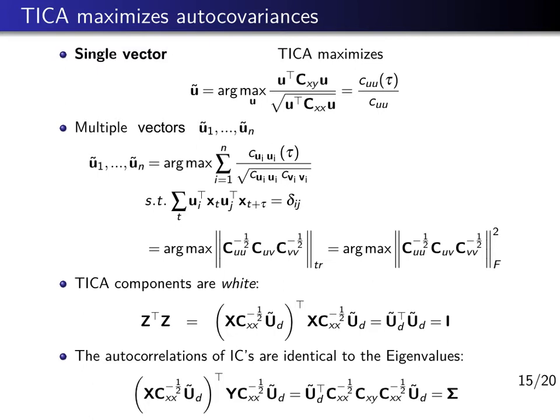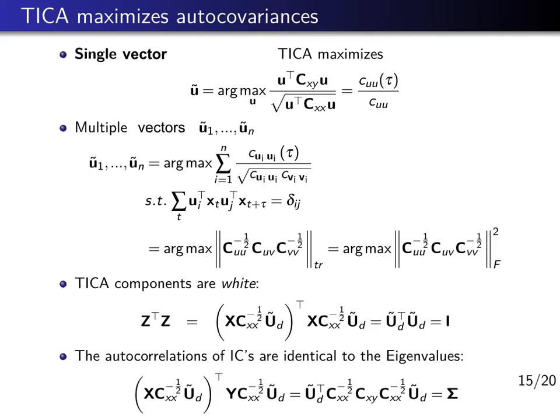And when you work that out, you will see this is again a diagonal matrix, and it simply contains the eigenvalues of the eigenvalue decomposition done in TICA. And this is the eigenvalue matrix of the transition matrix between the whitened time-lagged coordinates.